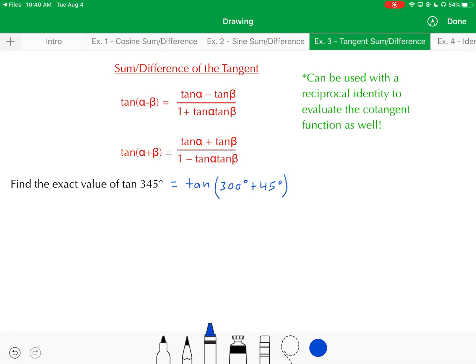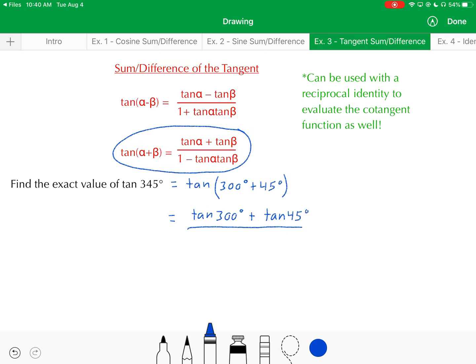300 degrees has a 60-degree reference angle associated with it, and then 45 degrees is, of course, its own special triangle. So I'm thinking of this as the sum of two angles, so I'm going to be utilizing this sum formula. It's going to equal the tangent of my first angle, 300 degrees, plus the tangent of my second angle, 45 degrees, all over 1 minus tangent of 300 degrees times the tangent of 45 degrees.